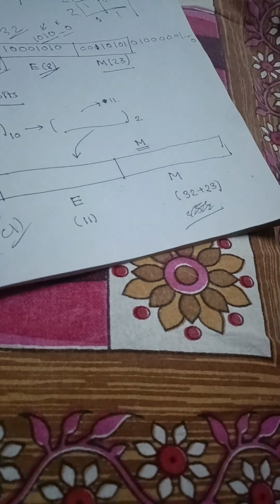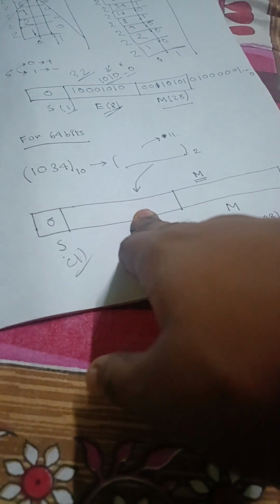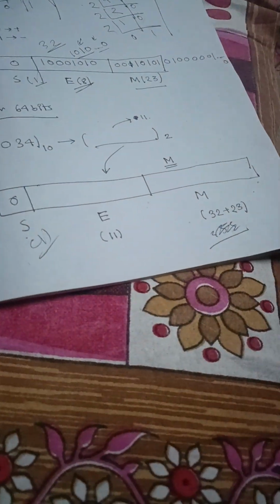The mantissa is still the same. The only thing changing is the exponent, so whatever exponent value you get, that is it. Generally it should cover 11 bits.